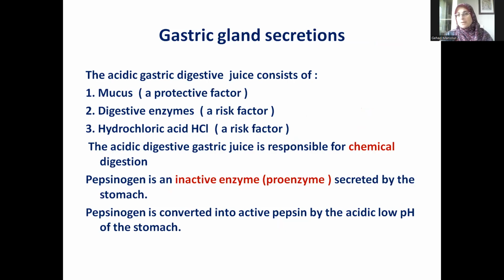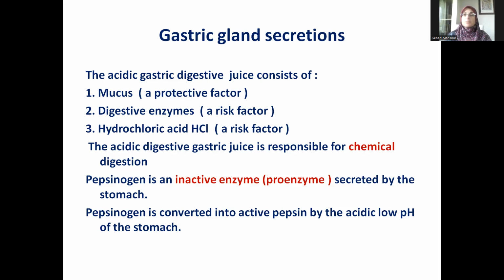So HCl is important because it kills the germs in food, and by being there, it will provide a very strong acidic pH to the stomach, meaning that the pH of the stomach will be very low. And actually, because we have a lot of HCl in the stomach, the pH of the stomach is 1.5 to 2.5.